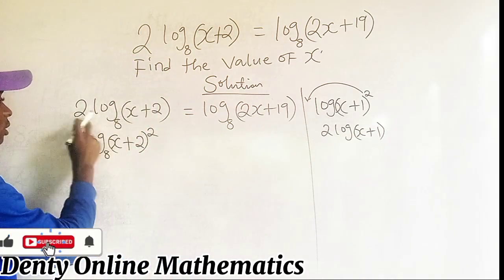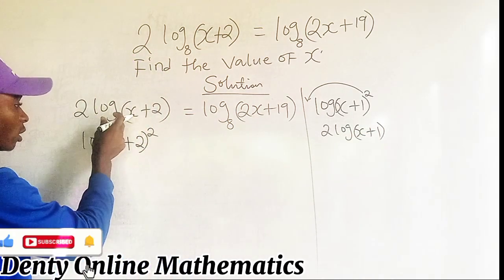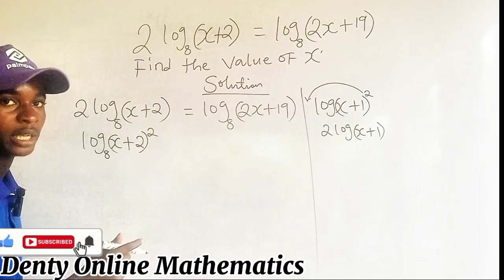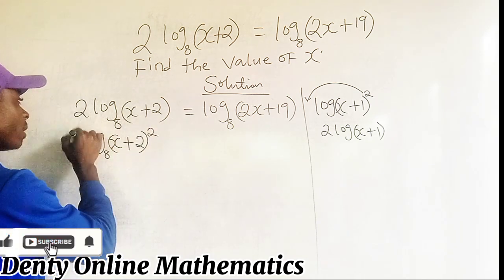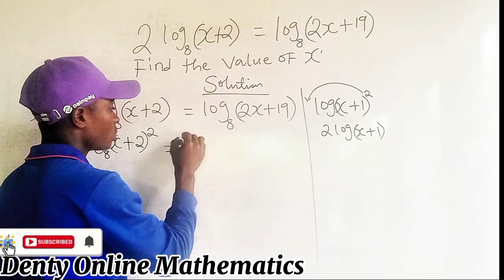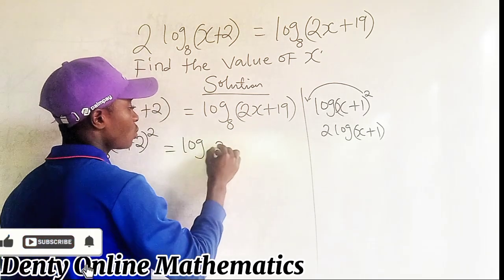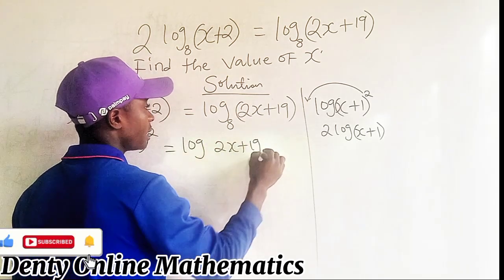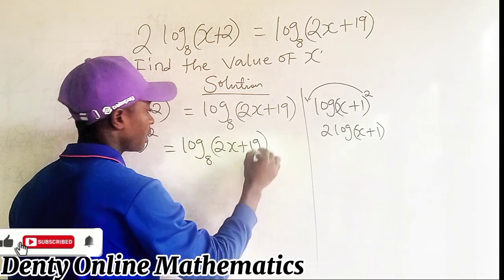This 2 that is multiplying the logarithm is now coming back as the power here. So this is equal to log of (2x plus 19) base 8.